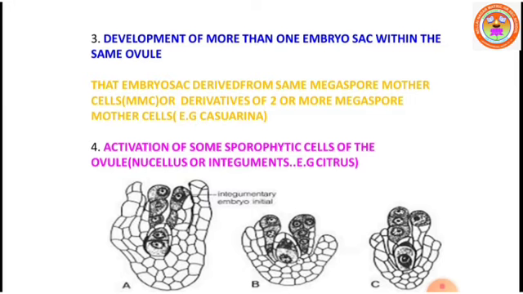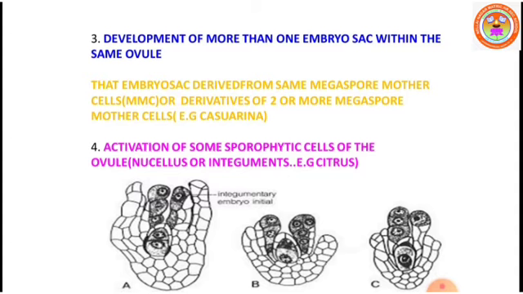Out of 4, usually 3 will disappear and 1 will grow as one embryo sac, called monosporic embryo sac. Sometimes 2 or more megaspore cells develop in the ovule as embryo sacs and give rise to polyembryony. Example, derivatives of 2 or more megaspore mother cells.